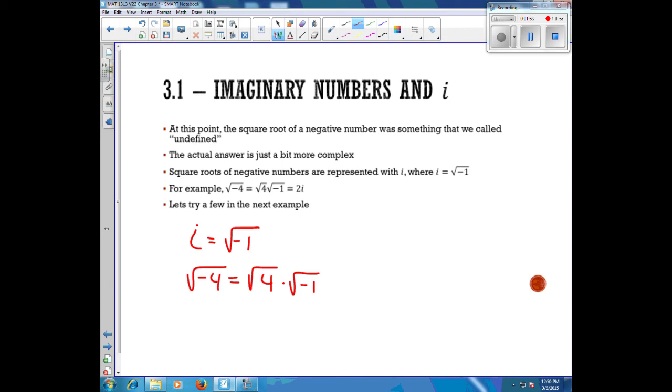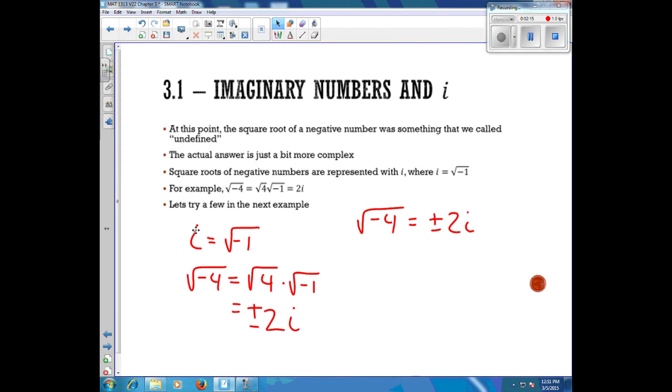And we know that the square root of 4 can be plus or minus 2, and the square root of negative 1 is just i. And so the square root of negative 4 would be plus or minus 2i.